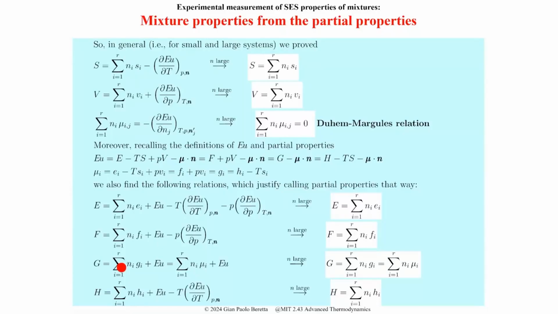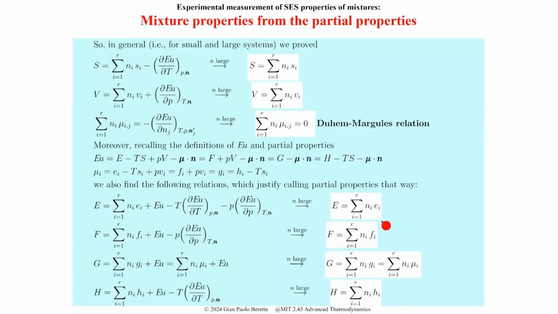And the reason why we call these properties partial is because they contribute to building up the property of the mixture by simple multiplication with their amounts. And you can do this for entropy, volume, energy, the free energies, the enthalpy.